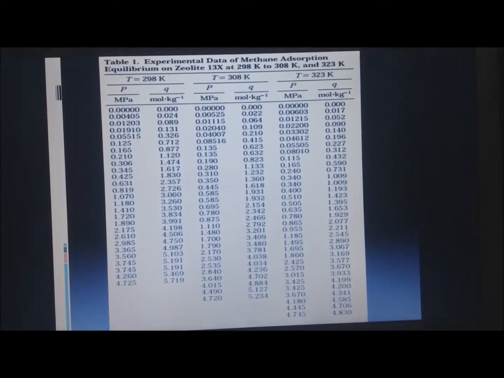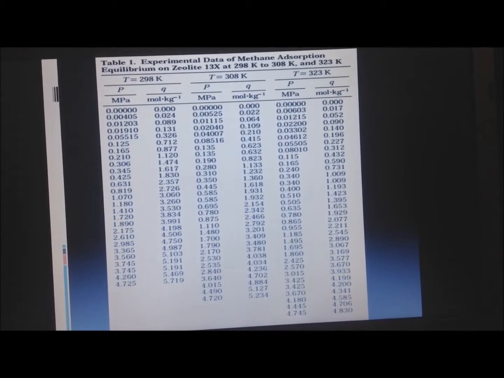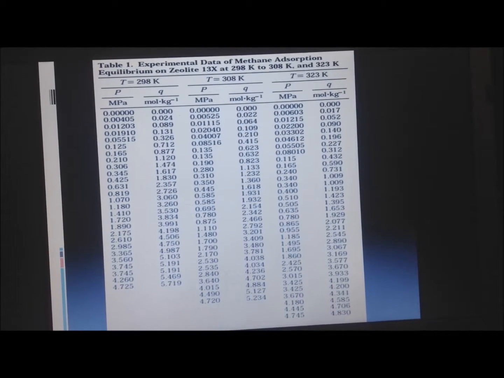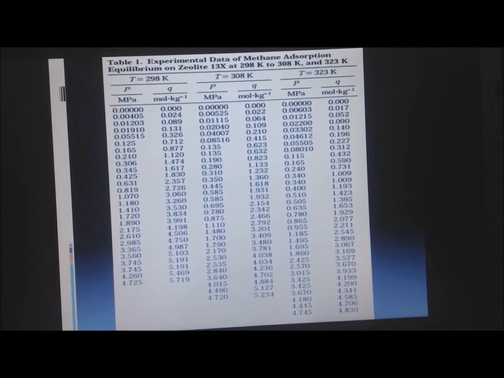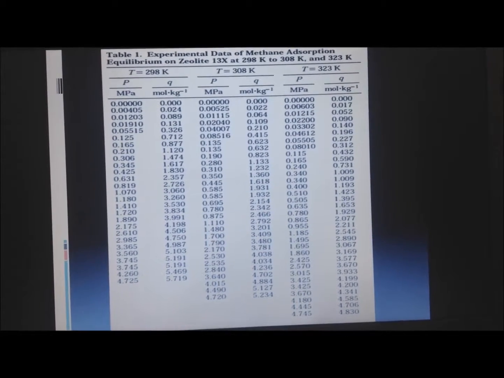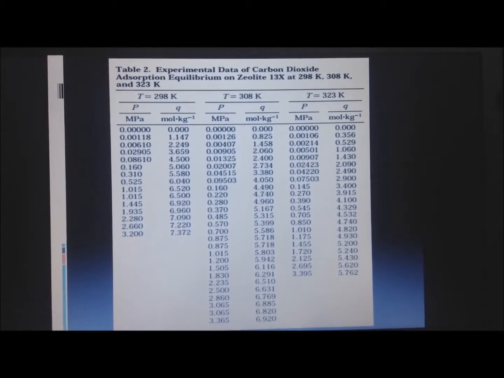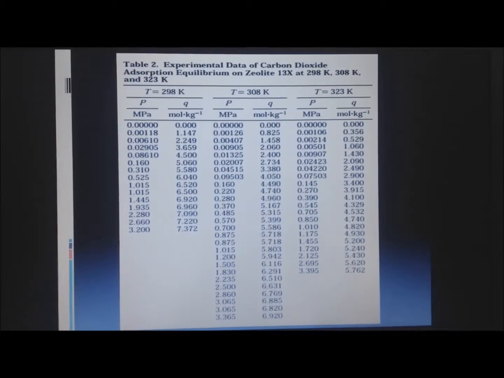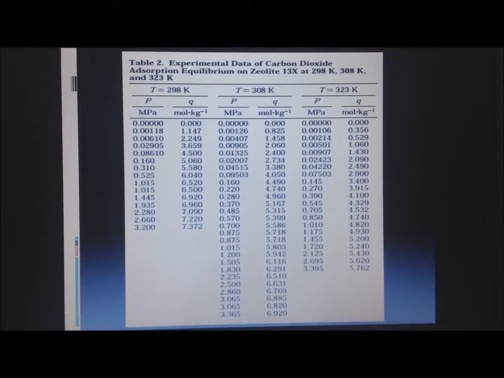Table 1 shows the experimental data of methane adsorption equilibrium on zeolite 13X at different temperatures: 298 Kelvin, 308 Kelvin, and 323 Kelvin. While Table 2 shows the experimental data of carbon dioxide adsorption equilibrium on zeolite 13X at 298 Kelvin, 308 Kelvin, and 323 Kelvin.